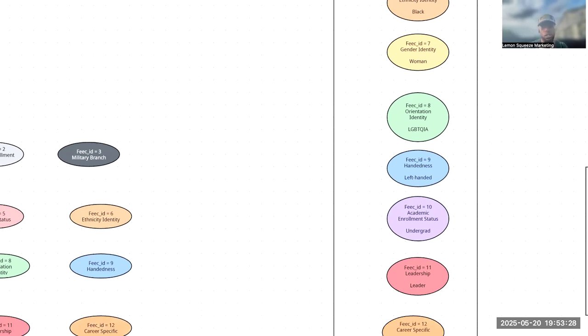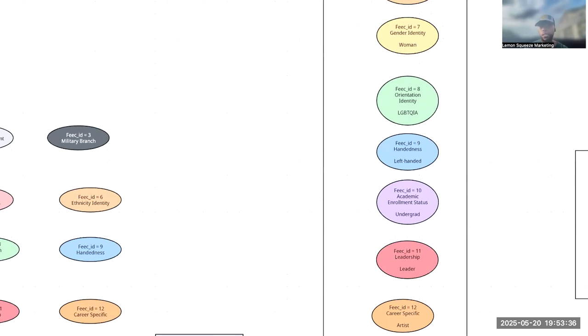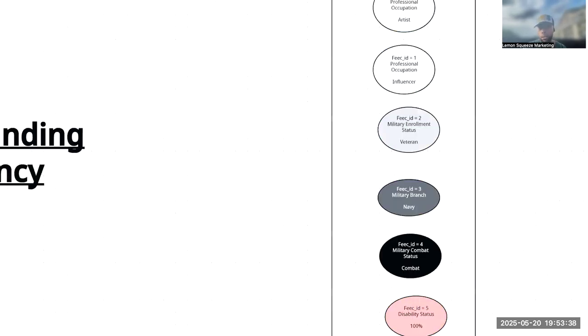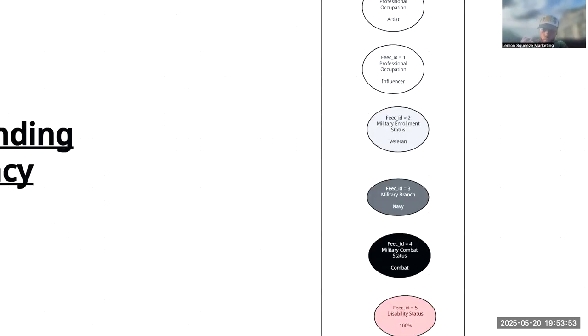She has a leadership status of leader, and she has a career specific status as artist. So we would have gathered all this information by onboarding Zandra. We take all of that information and categorize it so that we can find different funds that she's eligible for. Now, these categories are what we're going to match to our funds.